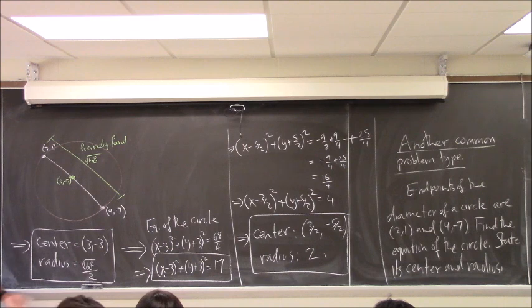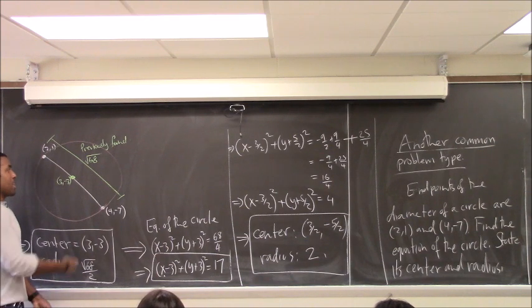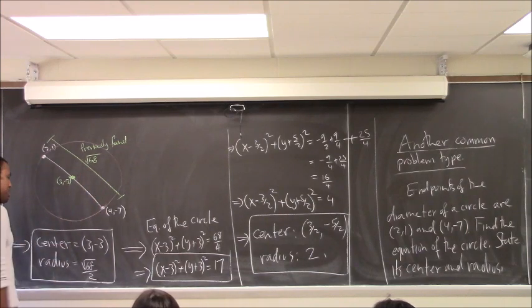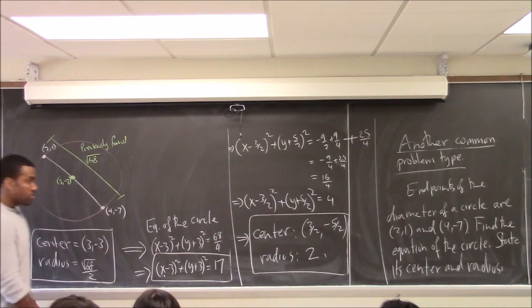So in terms of circles, that's like the worst that's going to happen. I'm not going to embarrass anybody by asking them to draw a circle, because it's going to look like a potato or something.